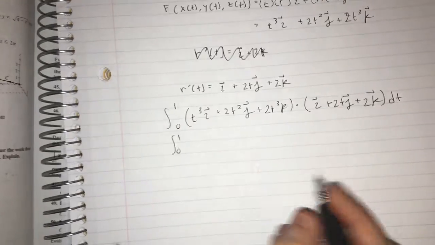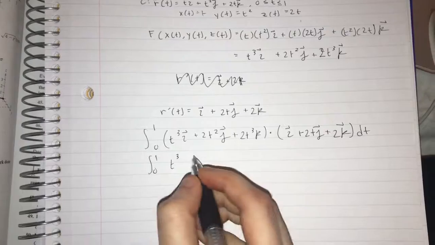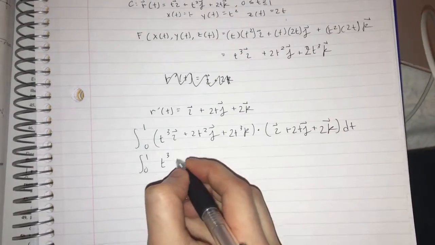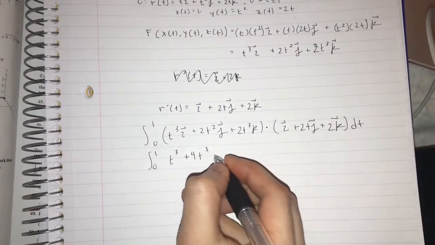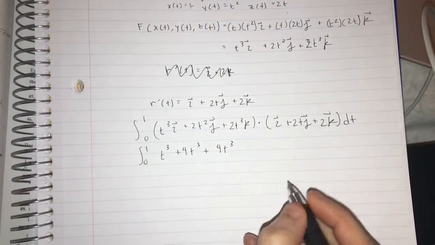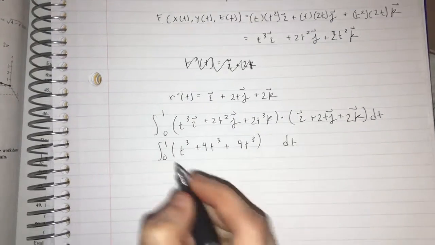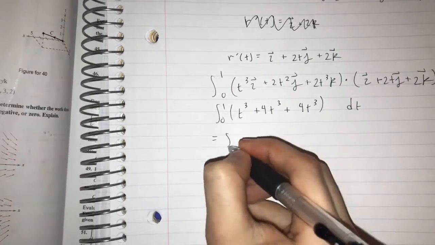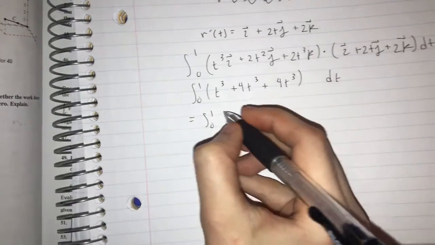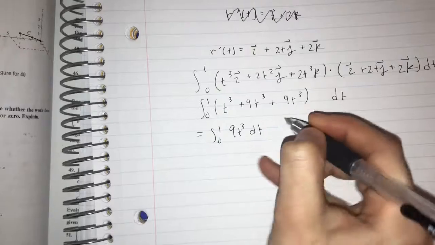So that would be t cubed plus 4t cubed plus 4t cubed. So that would equal 9t cubed dt.